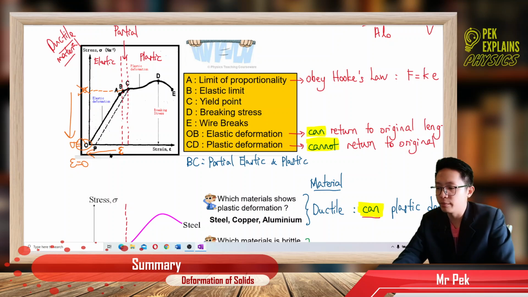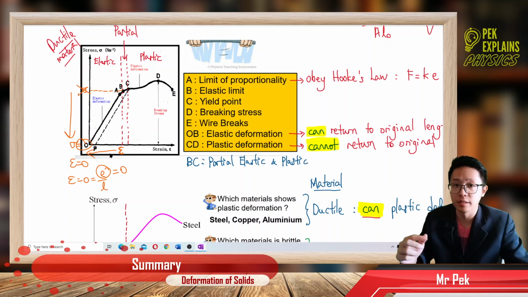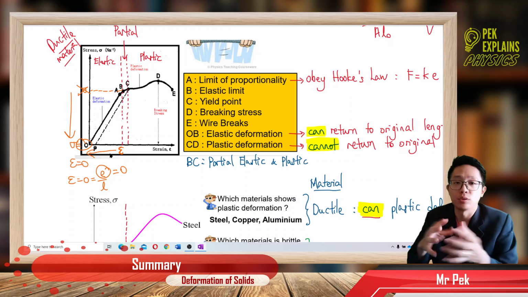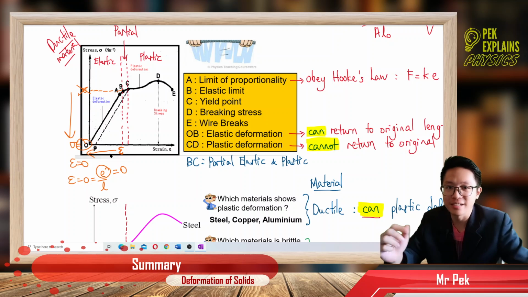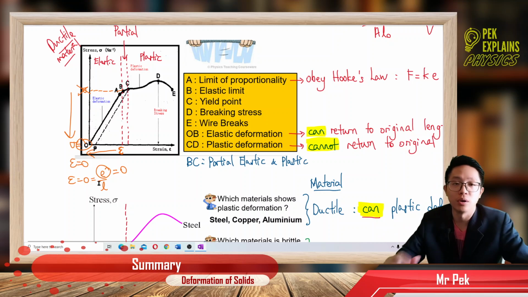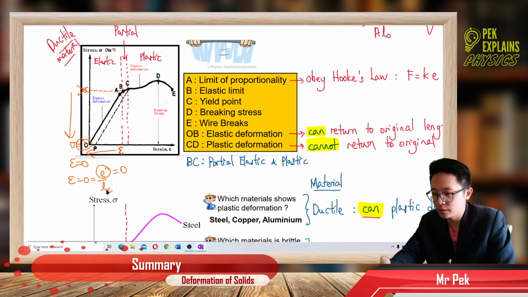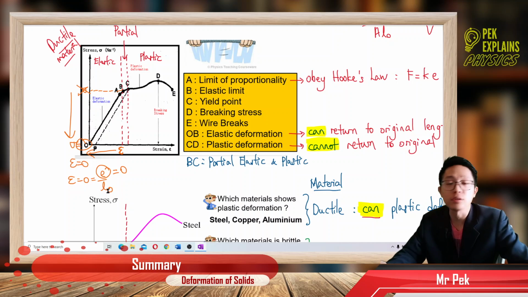When strain becomes zero, what does it mean? It means the elongation also becomes zero. No permanent elongation. That means it goes back to original length. You understand or not? It can go back to this original length.